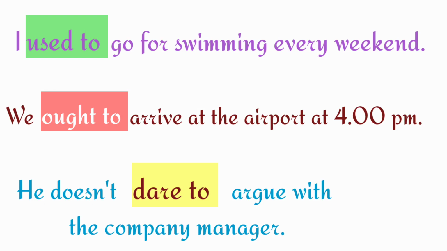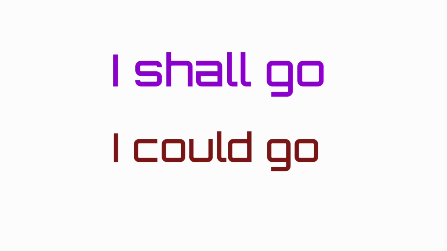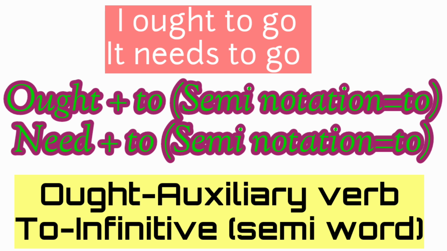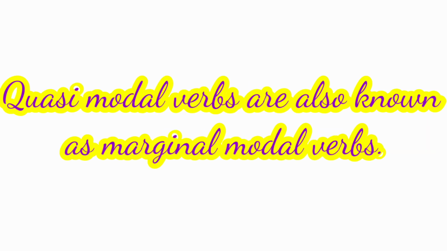They are called quasi-modal auxiliary verbs because these modals sit before the base form to create a unique meaning. For example, I shall go, I could go, etc. But with ought to or need to, we have to insert the word to. I ought to go, it needs to be done. Quasi-modal verbs are also known as marginal modal verbs.